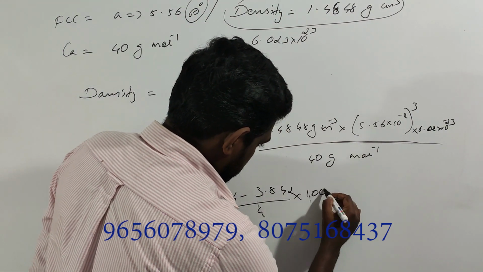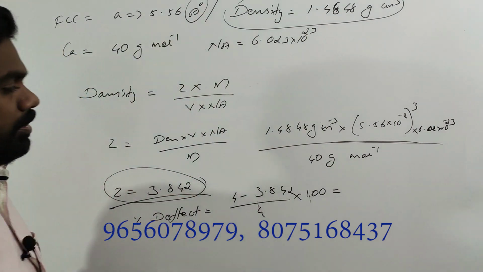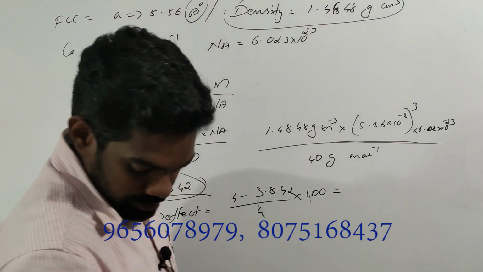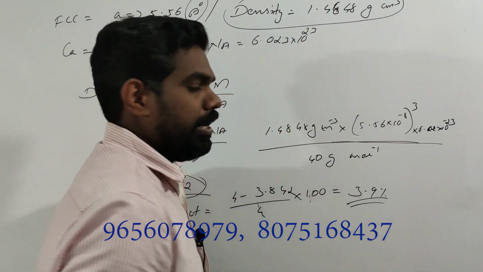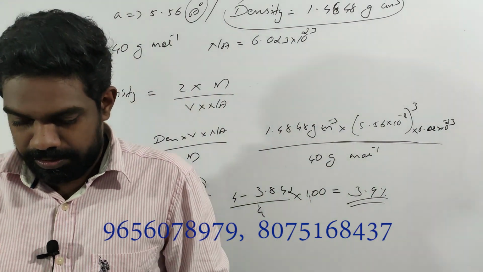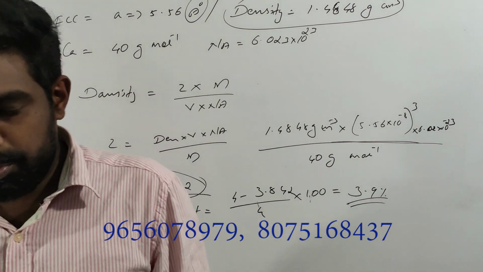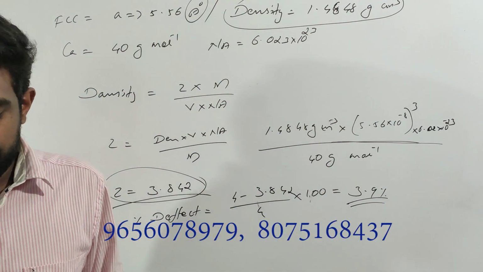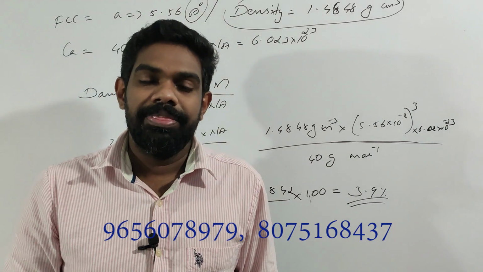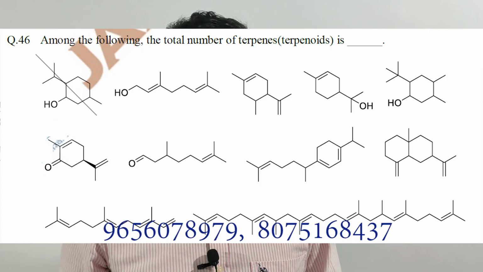This is the percentage Schottky effect. So the answer will be 3.9%. Okay, nearly 4. They asked to round off to single digits, so the answer will be 4%. So this is the answer for question number 45.